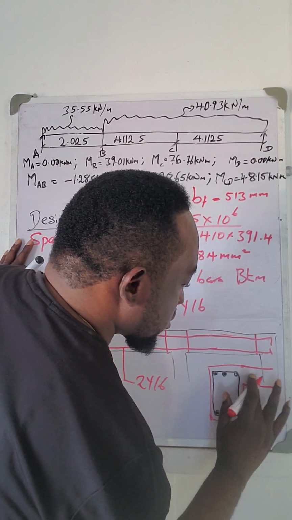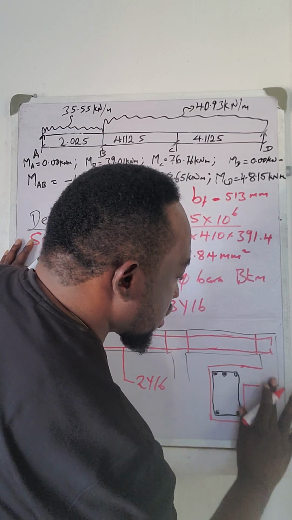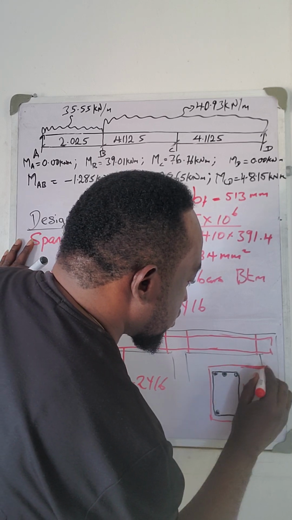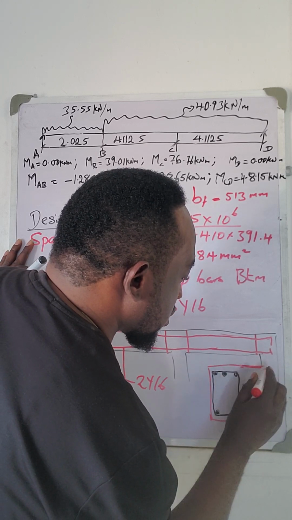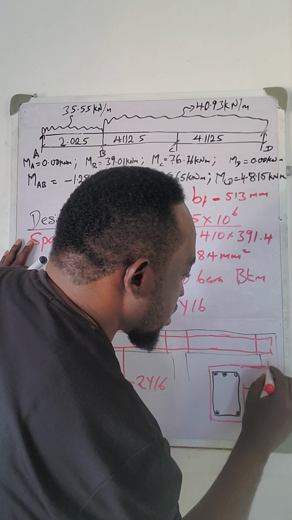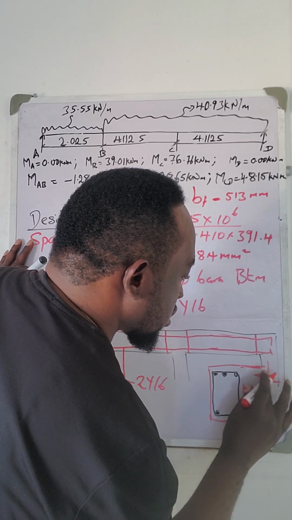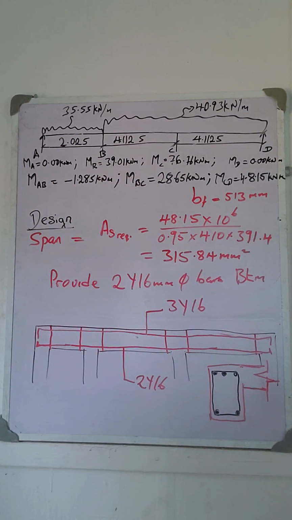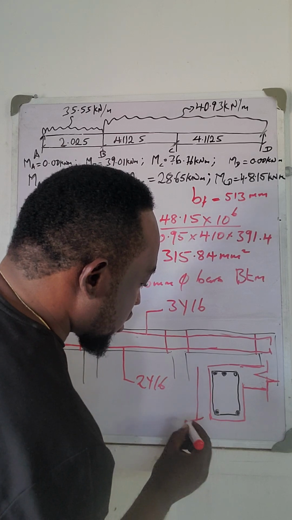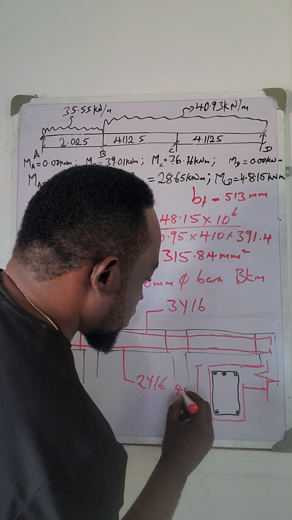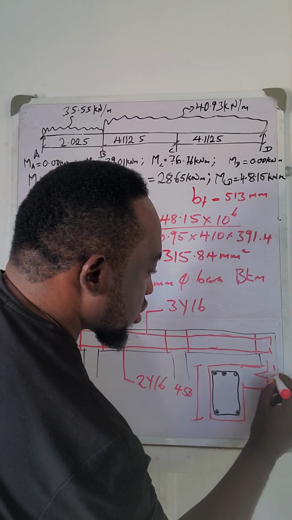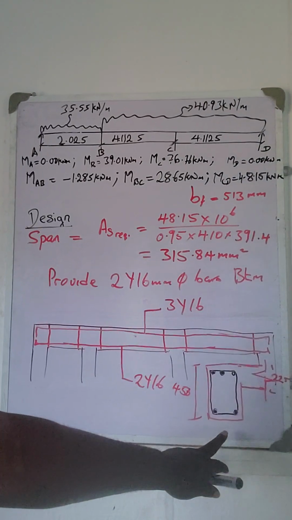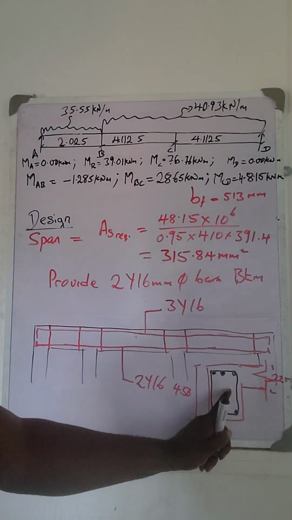So this is how you design your beam, an L beam. From here to here is 450. From here to here is 225. Alright, so this is how you detail your beam.